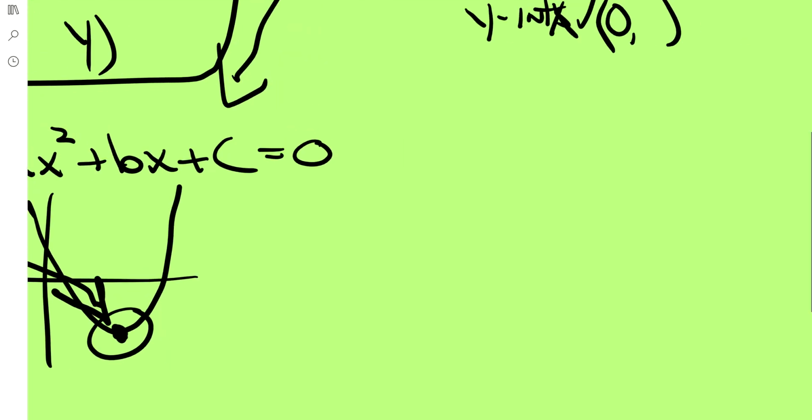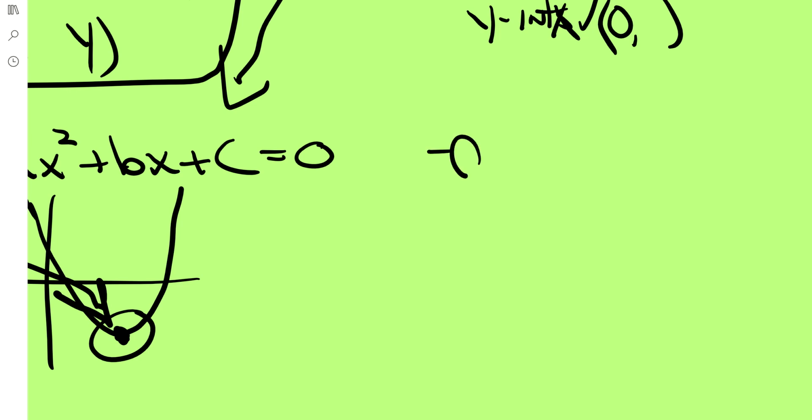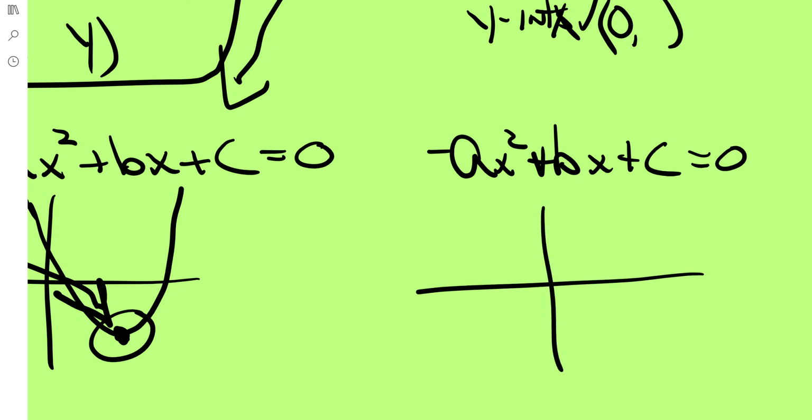Next, if I have negative ax squared plus bx plus c equals 0, then if a is a negative value, my graph is going to open downward. And then my vertex becomes the highest point, which will be here.